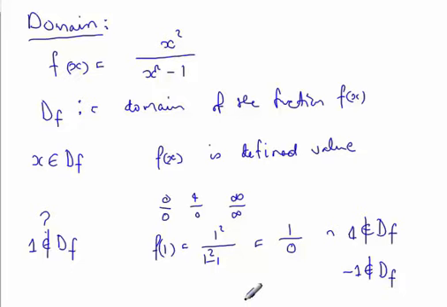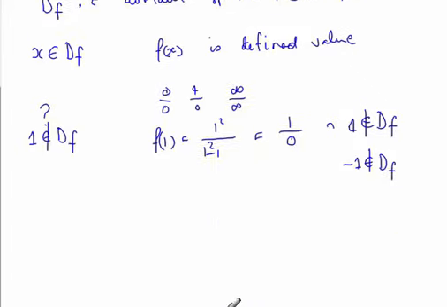So now, somebody will say, give the domain of f of x. What are we going to do? We're going to say, domain of f of x is a set. Remember, we use these brackets as boundaries of a set, or for listing members of a set. So what will be this set? This will be a set of real numbers. In other words, x is on the real number line. All together.